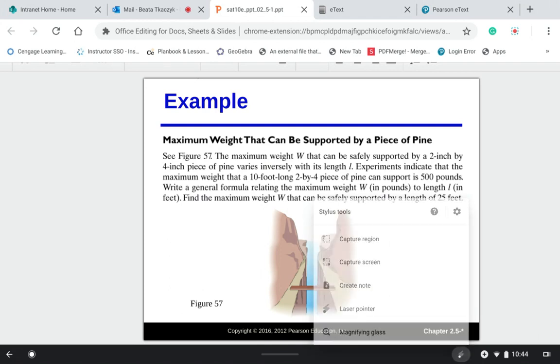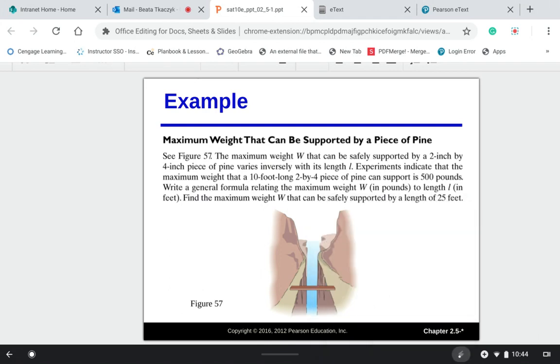Now how are we going to find the constant of proportionality? We're going to read the second sentence. Experiments indicate that the maximum weight that a 10-foot long 2 by 4 piece of pine can support is 500 pounds. So here we have more information than we needed. Don't forget that our variables are weight and length.